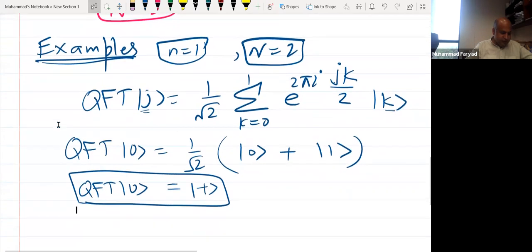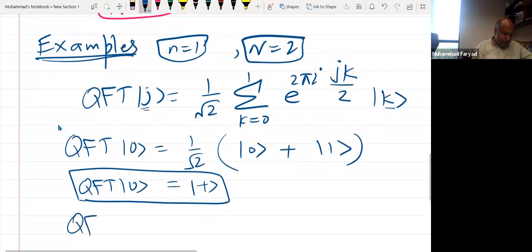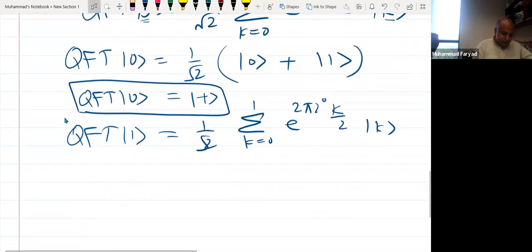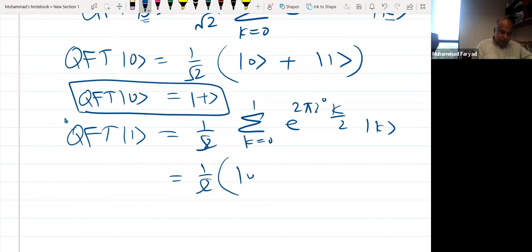So similarly, let's see what is the Fourier transform of 1, which we can get as 1 over square root 2, k going from 0 to 1, exponential 2 pi iota. So now this j is 1. So 1 into k is k. So I have k by 2, ket k. So let's perform the sum. When k is 0, this is 0, so exponential 0 is 1. So no phase term comes with ket 0.